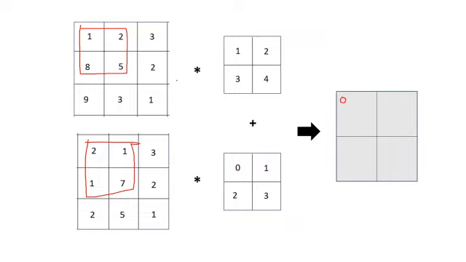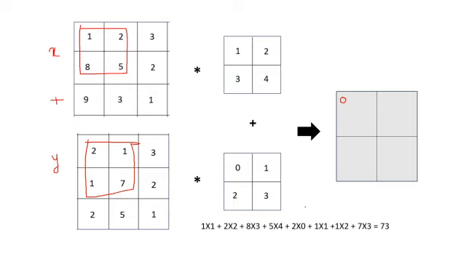Just as in your previous video, this kernel will interact with this window, and suppose the output is X, and this kernel will interact with this window, and suppose the output is Y. What information gets to here is X plus Y.